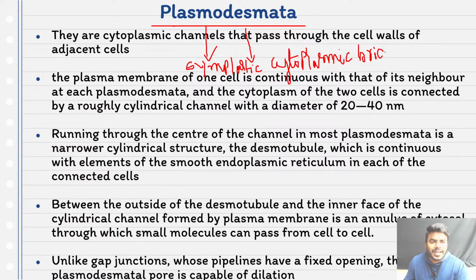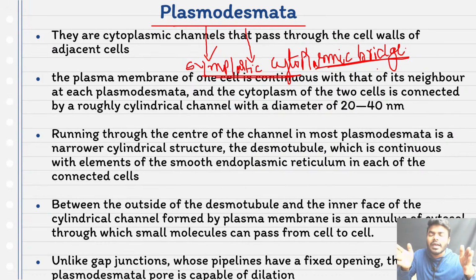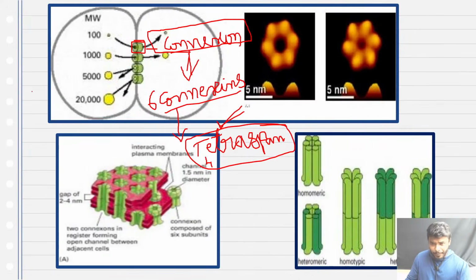Kindly do not get confused with this point. What do you mean by the word cytoplasmic bridge? It is involved in the transport of ions or molecules from one cell to another cell with the help of this particular bridge.